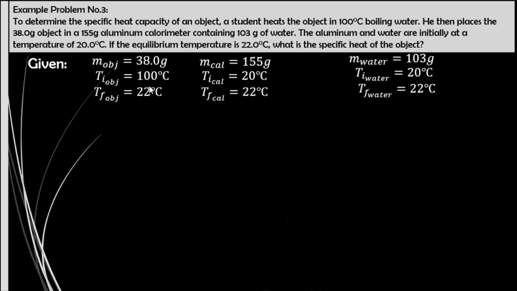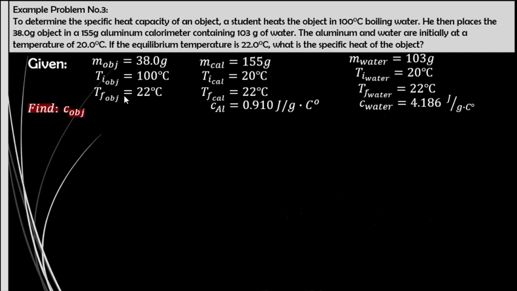We are also given the final temperature of those three substances as 22 degrees Celsius. Since the container is made of aluminum, we will be using the specific heat capacity of aluminum, which is 0.910 joule per gram times Celsius degree. We will also be using the specific heat capacity of water, which is 4.186 joule per gram times Celsius degree. So these are the given in our problem.